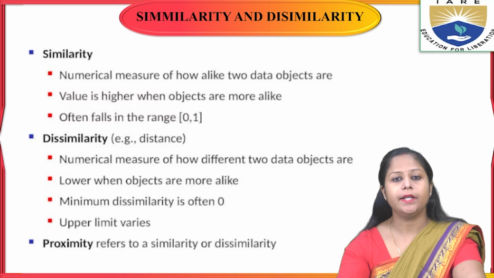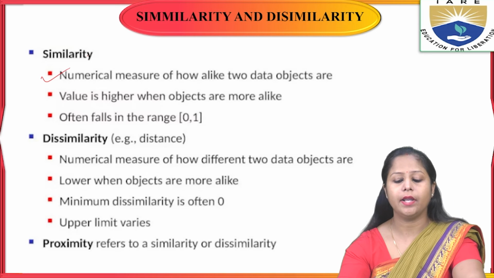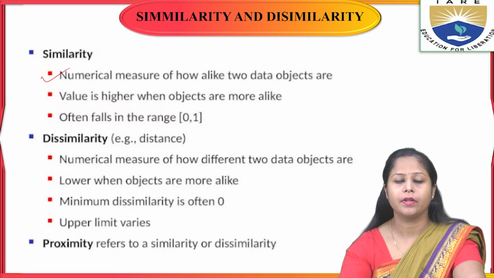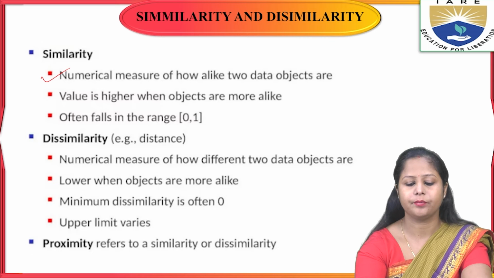Similarity and dissimilarity. What is similarity of data? It is a numeric measure of how alike two data objects are. If we have two objects, we have to measure numerically how similar they are.